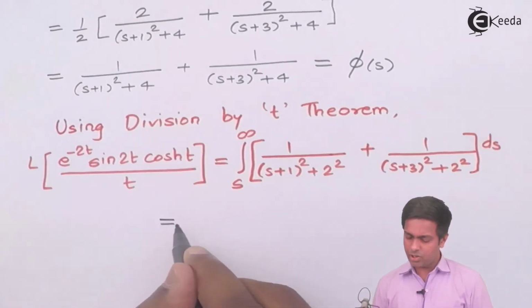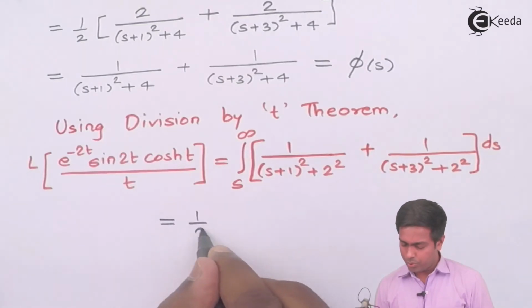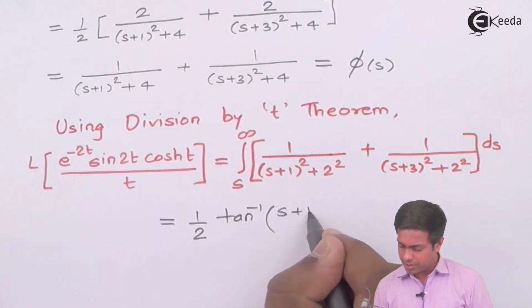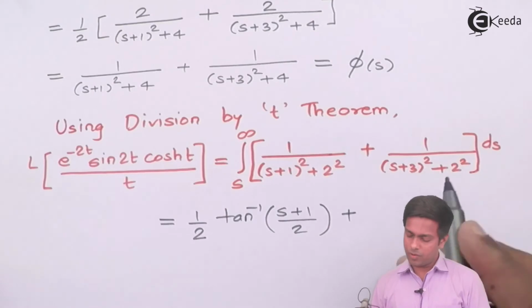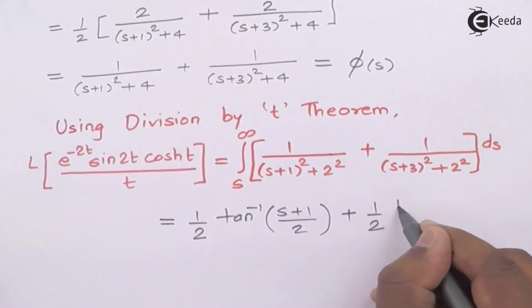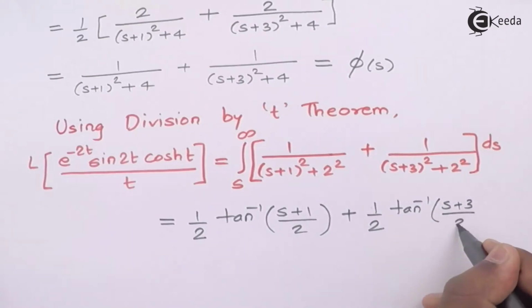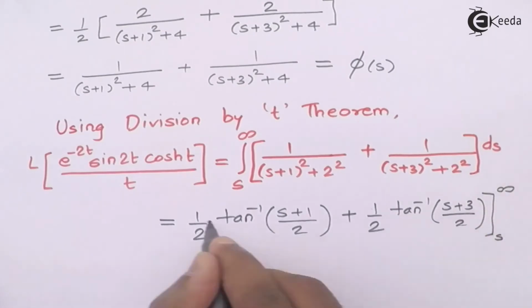So guys, now let's find out the integration of this function and let's get the final answer. So what is integration of this? So it is 1 upon 2 tan inverse of (s plus 1) by 2 plus the integration of this is 1 upon 2 tan inverse of (s plus 3) upon 2, and this is from s to infinity.